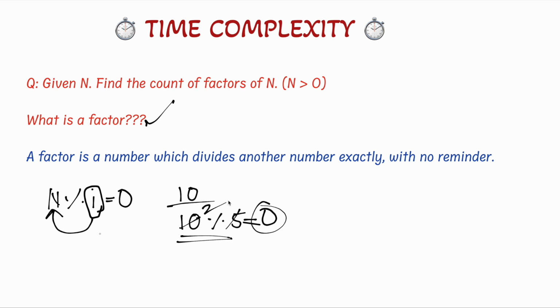So 5 is a factor of 10. Now, what are all the factors of 10? It's 1, 2, 5 and 10. And what will be our output for the given problem, to find the count of factors of the given number? It is 4.